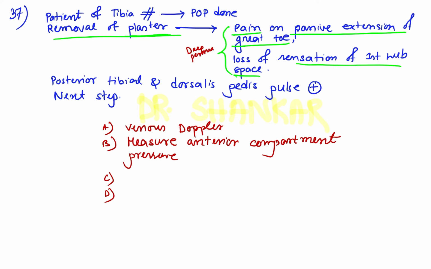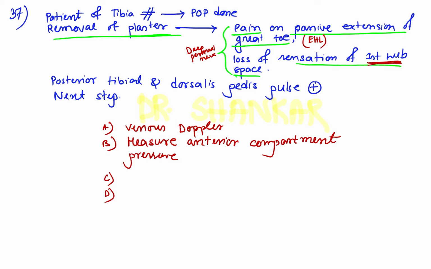Deep peroneal nerve supplies anterior compartment muscles like extensor digitorum longus, extensor hallucis longus. So there is pain in passive extension of great toe, or during action of extensor hallucis longus, and there is loss of sensation of the first web space. This web space is also supplied by the deep peroneal nerve.